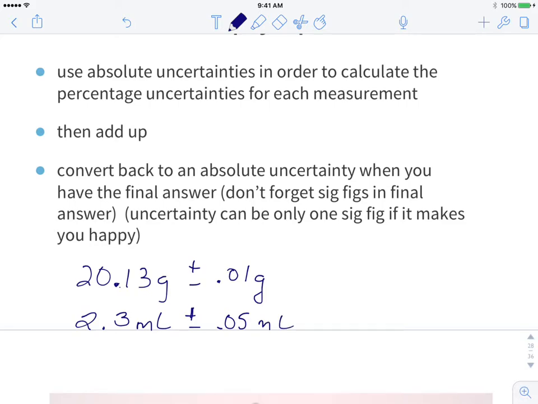And I ask you to calculate the density. You're going to calculate the density, mass over volume, but you also need to calculate the overall uncertainty. So give that a try. We're going to go over it tomorrow. Let's see how you do.